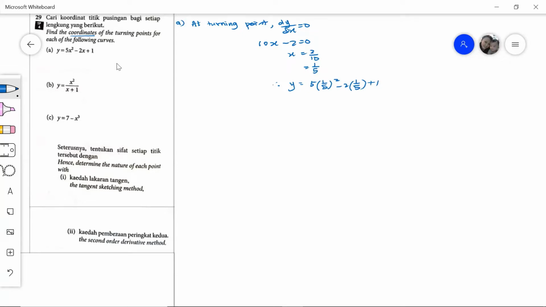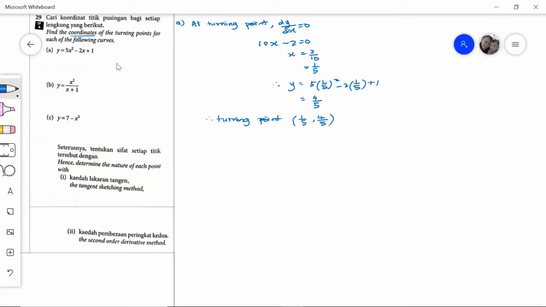We get the y coordinate as 4 over 5. Therefore, the turning point is 1 over 5, 4 over 5.